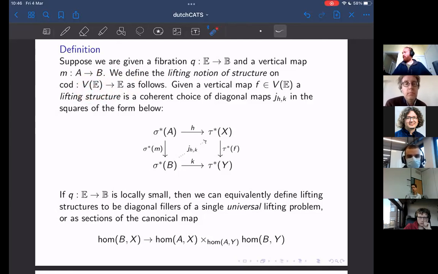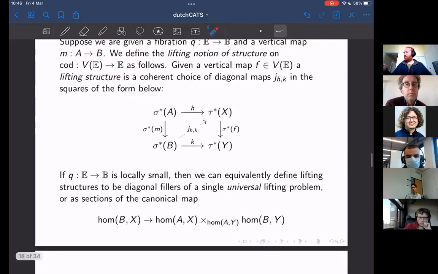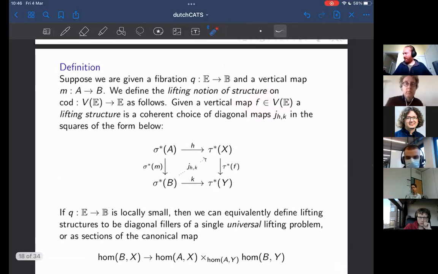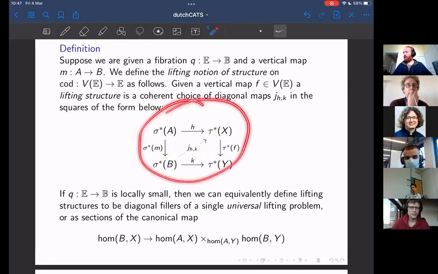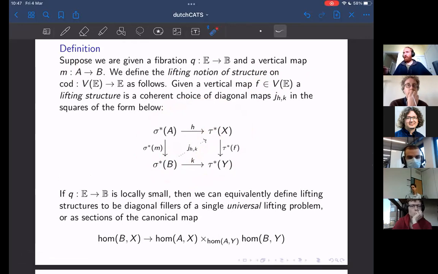We fix a vertical map M to generate the lifting structure, and then given another vertical map F, a lifting structure on F is a coherent choice of these dotted diagonal maps in every commutative square of this form.